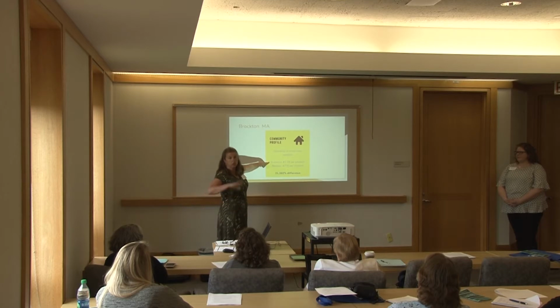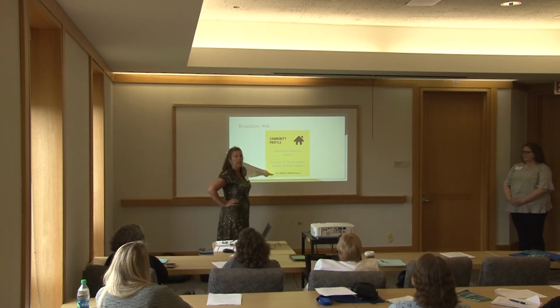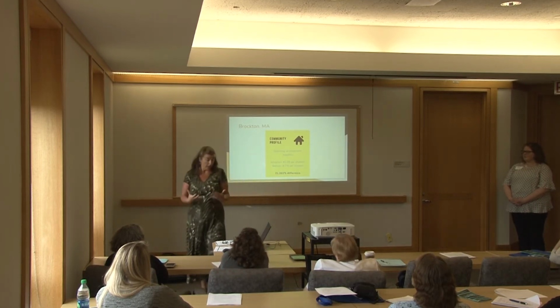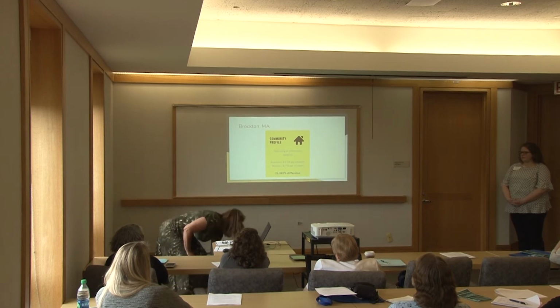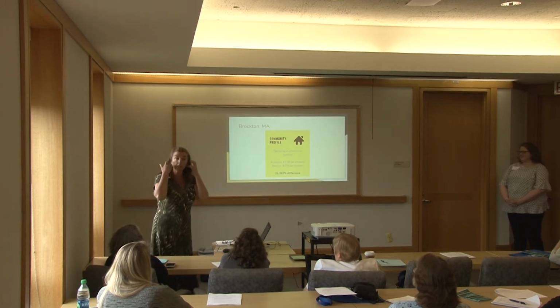In Weston, which granted has the highest property value in the state, it's $275 per student. So we're talking about a 21,000% difference in support of students in the classroom, okay? These are the students that are coming to our community college that we are trying to support at the collegiate level.